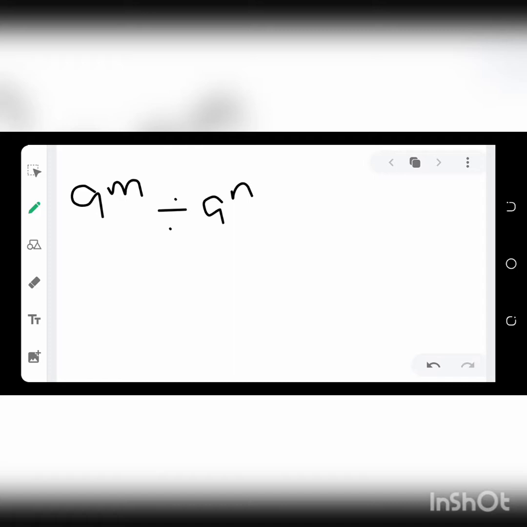If I have a raised to the power m divided by a raised to the power of n, since the bases are the same, I will equate the bases, which is a raised to the power m minus n.